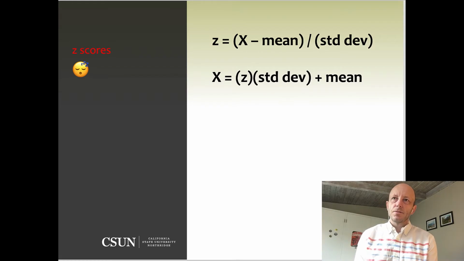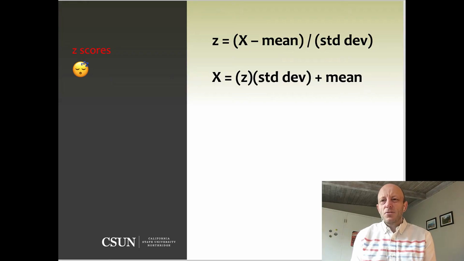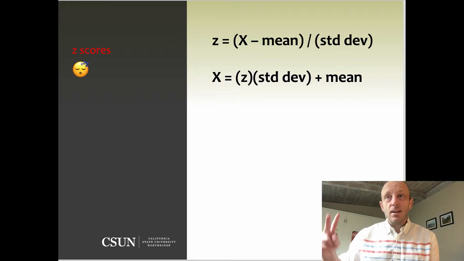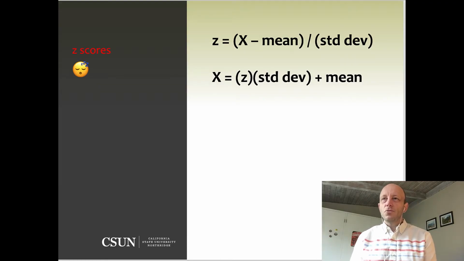Other times you're asked for an x and you're given a z. And so this is the way of going back and forth. And you could also be given a mean, or you might be asked for the mean. You might be given x and z and a standard deviation, let's say, and you might be asked to get a mean. So the formula works either way.